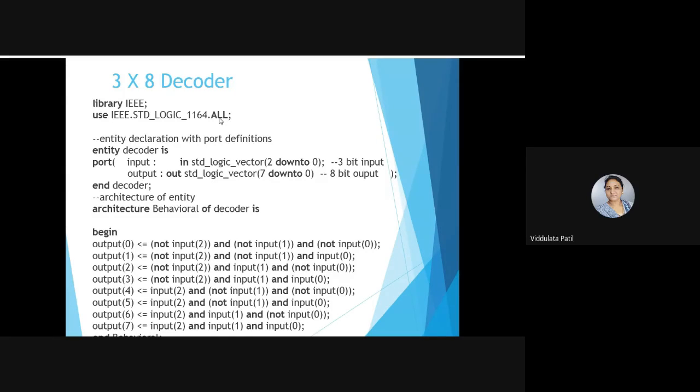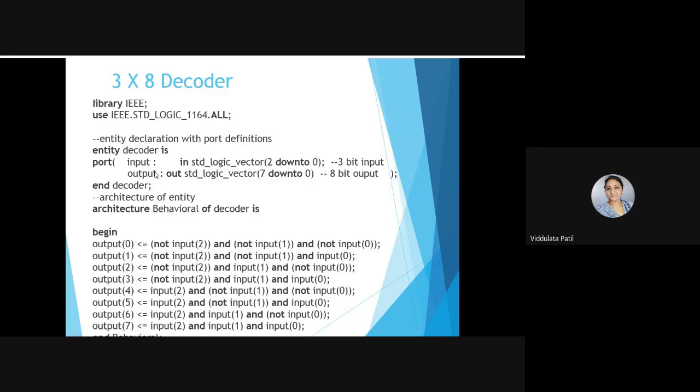After that, we have the entity declaration with port definitions. The name that we have given for this entity is decoder. So entity decoder is, and in this we have three inputs.